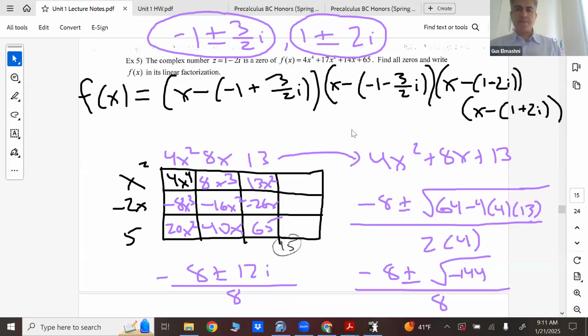So you have those zeros in purple, and that's the linear factorization right there.